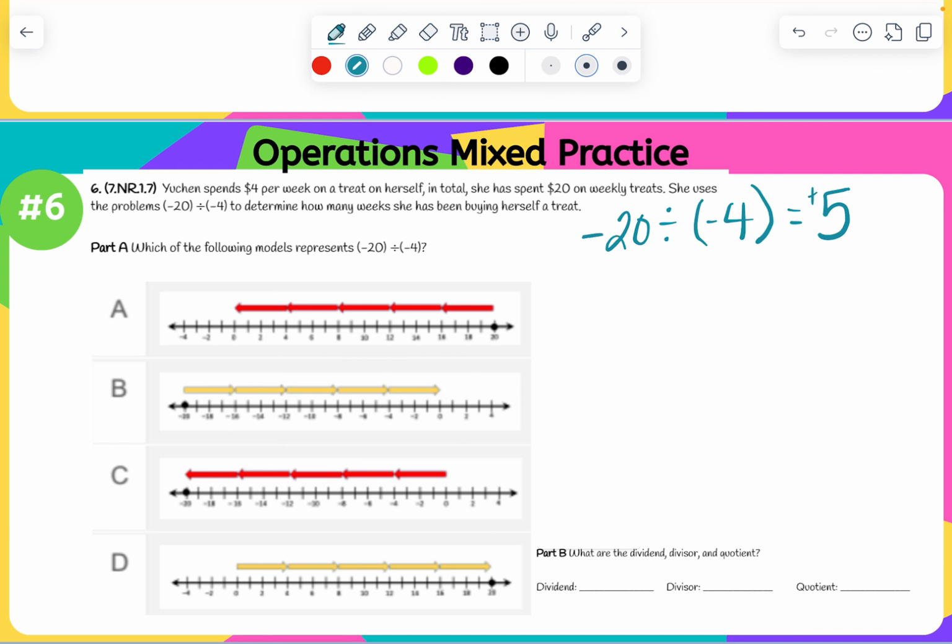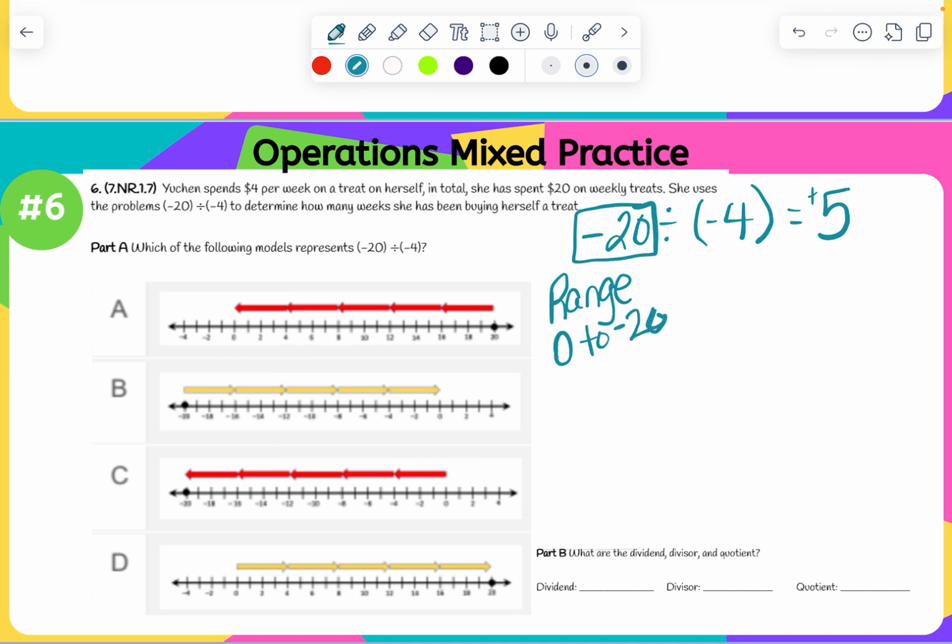To match this to the model, you first need to know your range. The first number, the dividend, gives you the range. So our range here is going to be from 0 to negative 20.